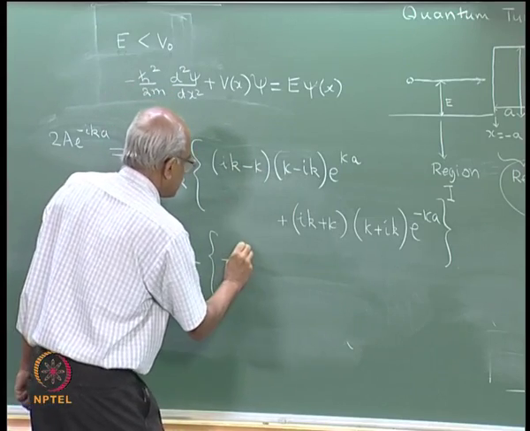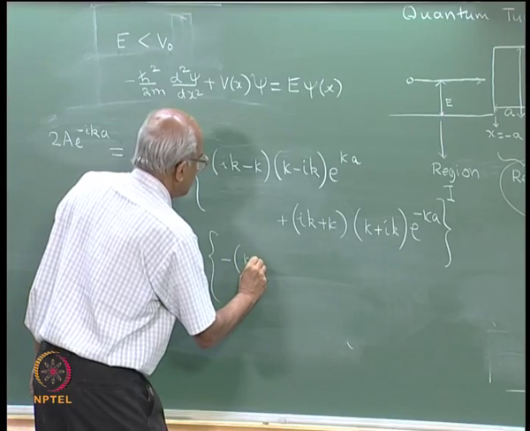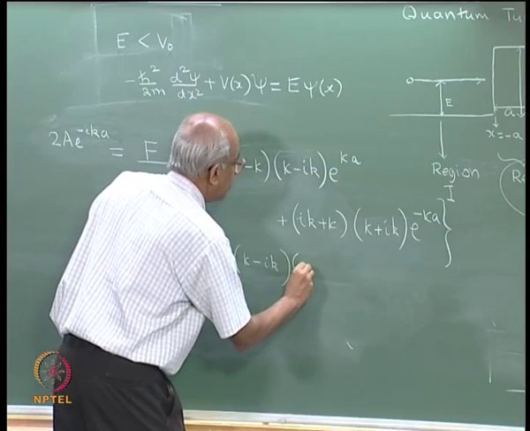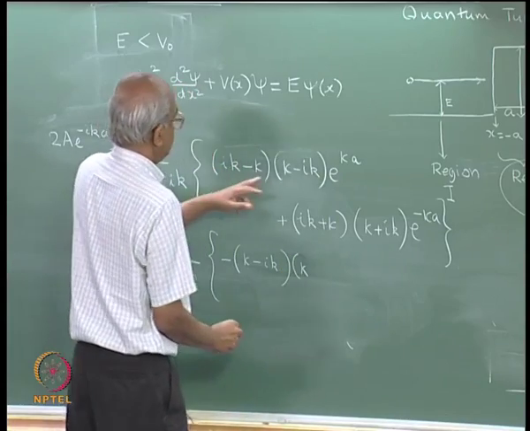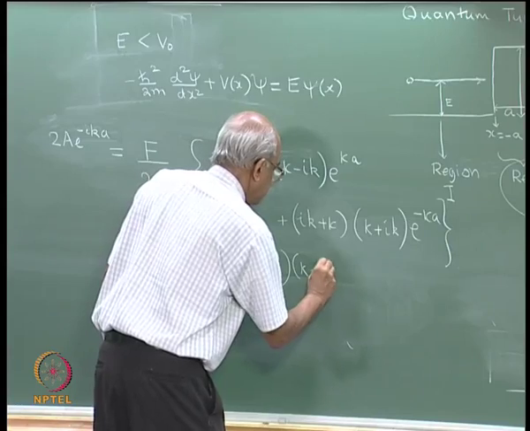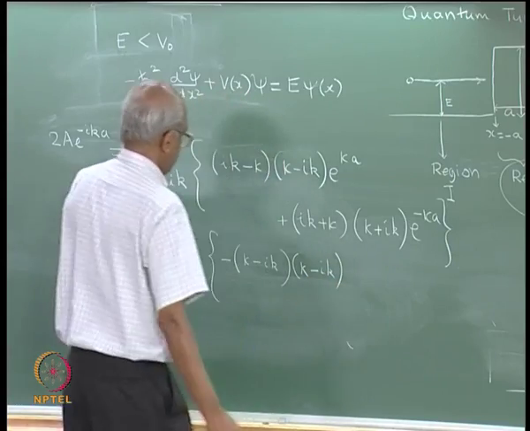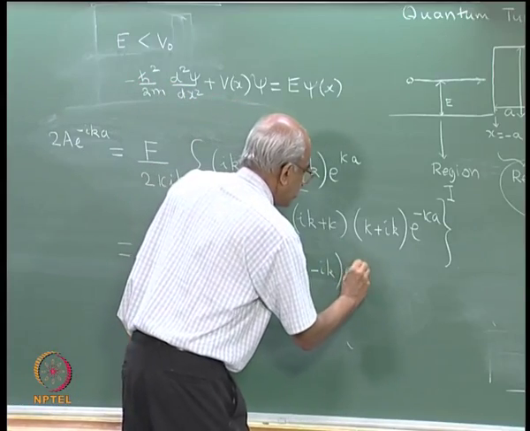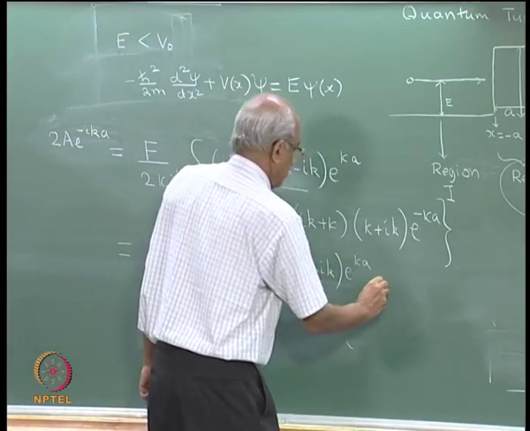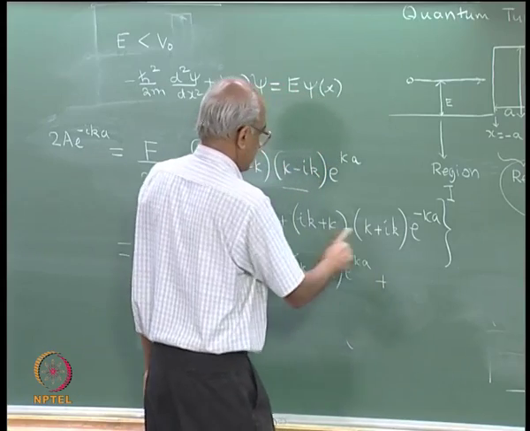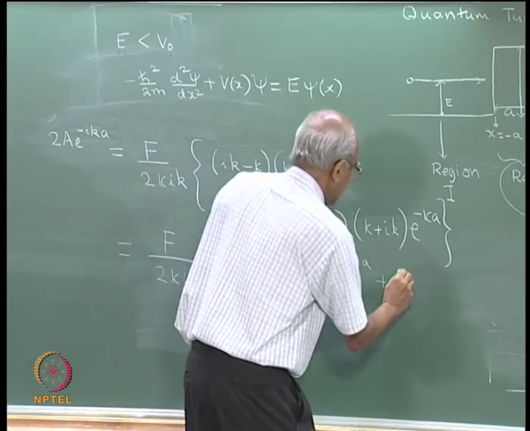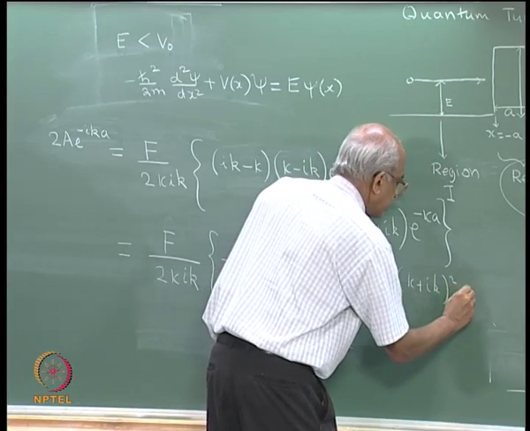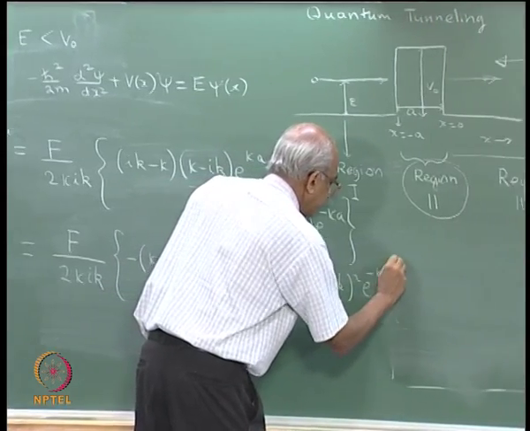This may be written as minus of kappa minus ik into kappa minus ik. From here I have just taken out a negative sign, e to the power of kappa a plus what is the other thing? The other thing is actually kappa plus ik the whole square e to the power of minus kappa a.